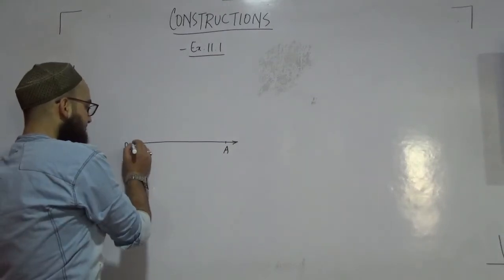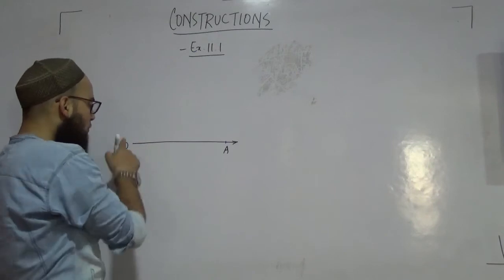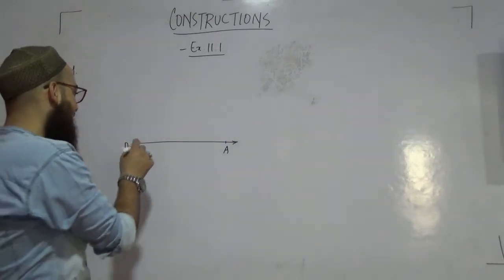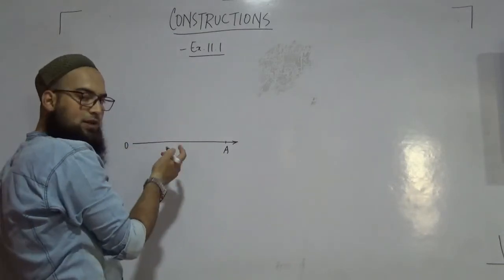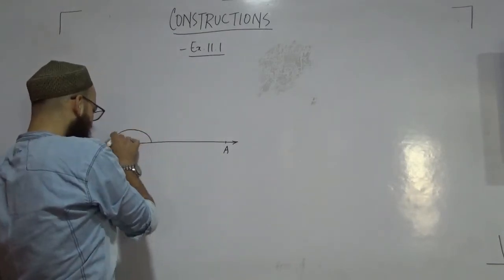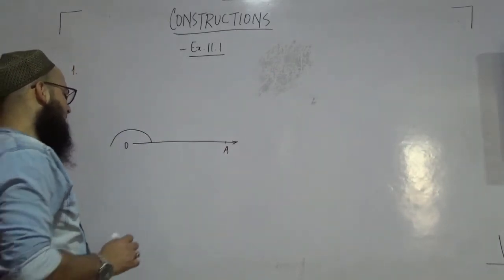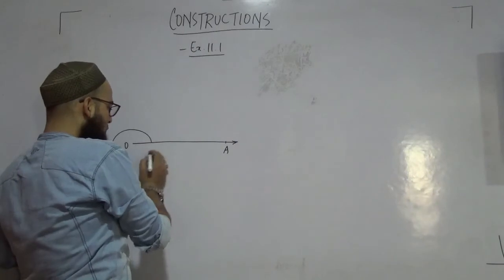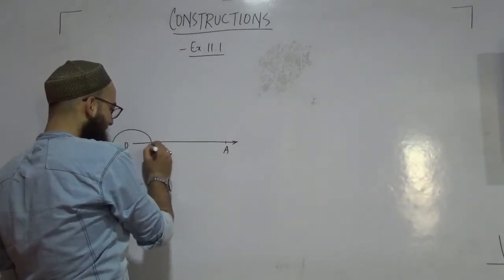Now, because a ray has one end point, you know that. With O as center and any convenient radius, draw some arc like this, intersecting OA at some point, say B.